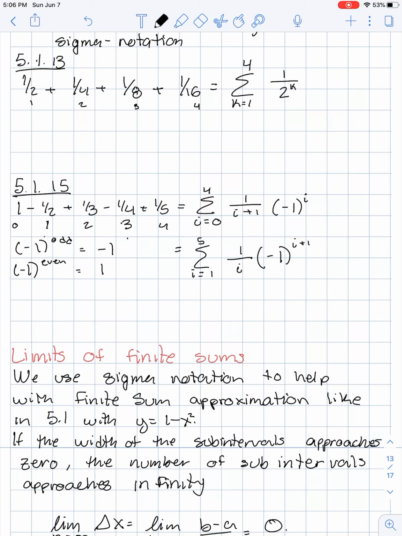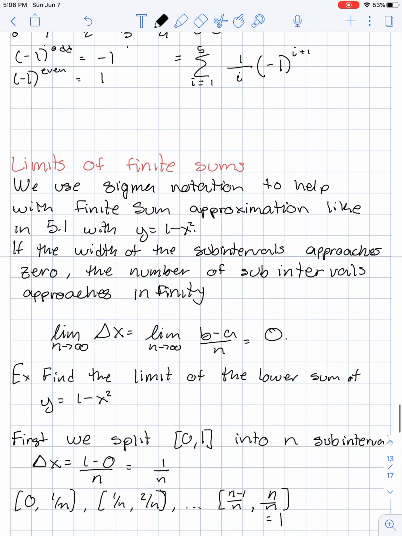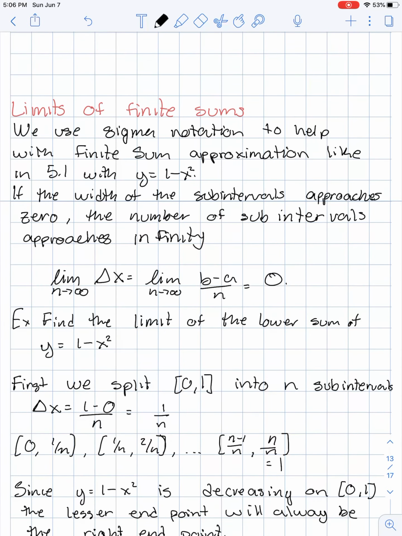Alrighty. So limits of finite sums. In 5.1 we talked about approximating area under the curve using sums, and we used sigma notation to help with the finite sum approximation. We talked about how if we keep adding more subintervals, they keep getting skinnier and skinnier, like when we had n equals 16.